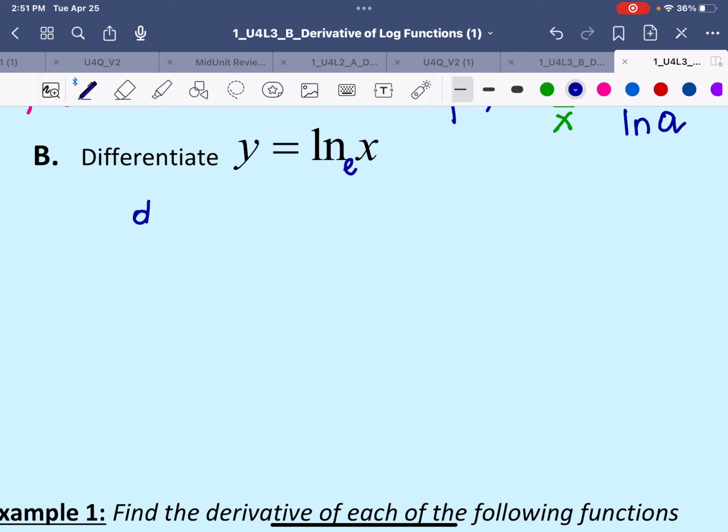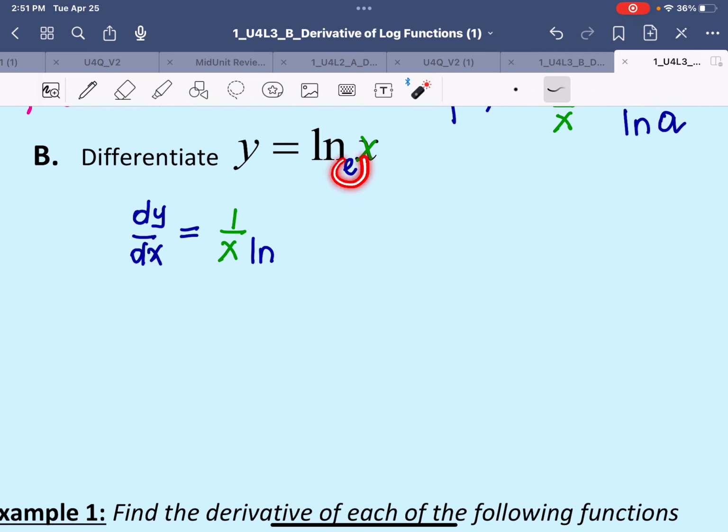So when we differentiate this, then we'll say that this would be equal to 1 over x, so this expression you have inside the brackets, and then multiplied by ln of whatever the base is. In our case, the base is e. But we know that ln of e, because it represents a log with base e of e, would equal 1. So that means that that would be x times 1.